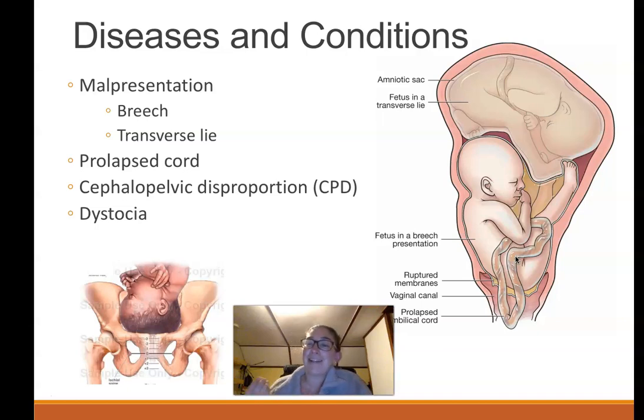I had a friend, this wasn't a prolapsed cord, but it was an issue with the cord in labor, and it's a great story. She was in the second stage of labor, pushing, and the baby's heart rate kept dropping, a lot. The doctors were really concerned, and they said, that's it, we're going to do a C-section. So they cut her open, pulled out the baby, and then the doctor just started laughing, because the baby was literally holding onto his umbilical cord.